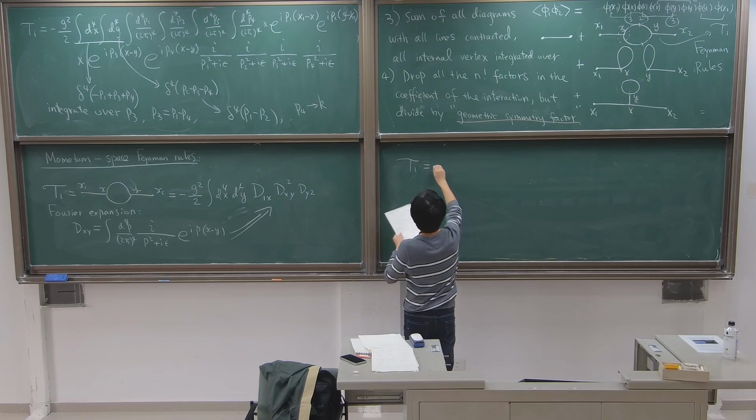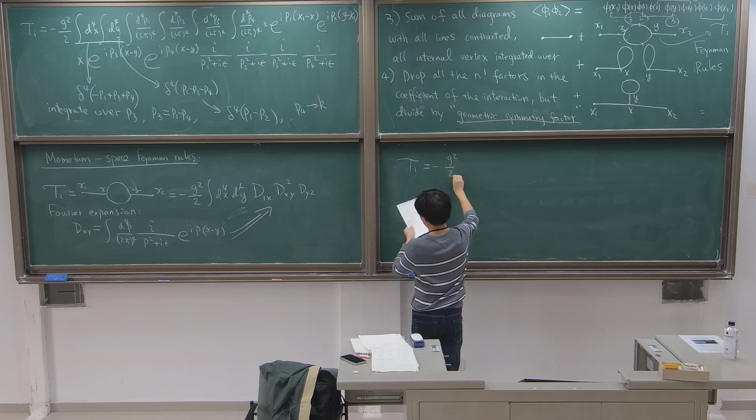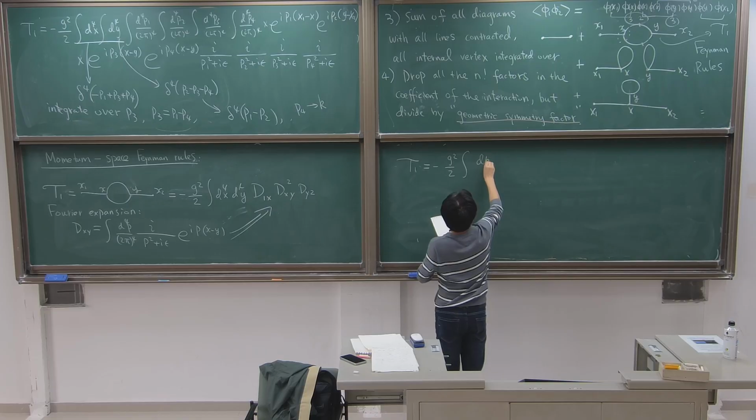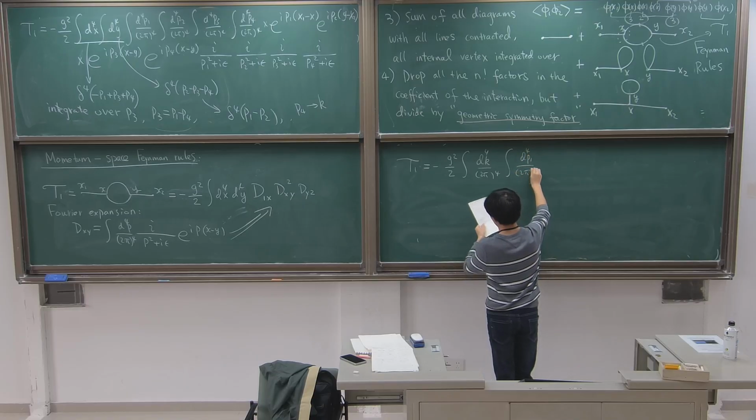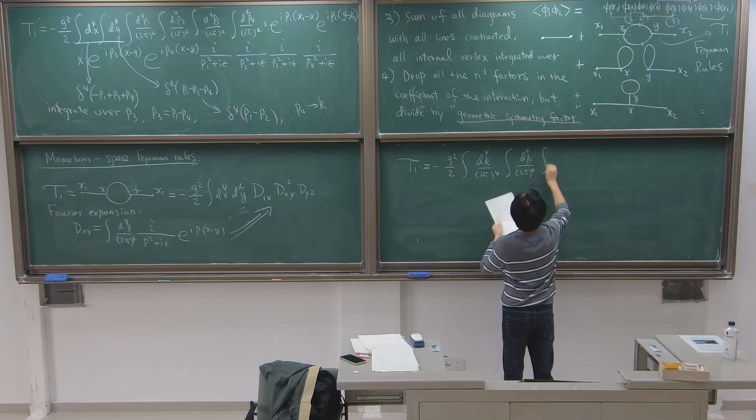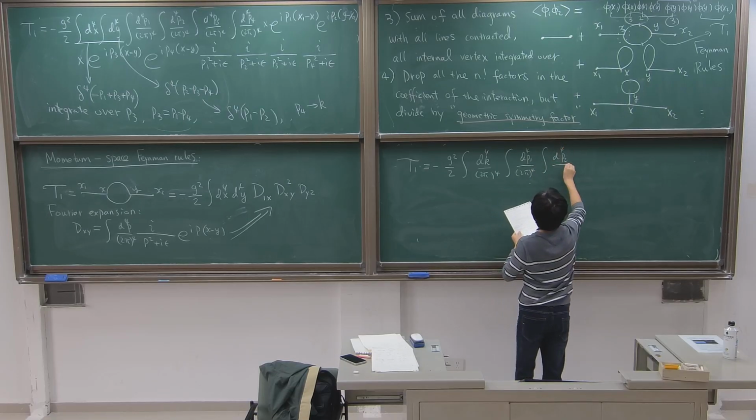After all these calculations, it becomes a decay integral. There is a P1 left over, of course, since we haven't integrated over it, and there's another P2.